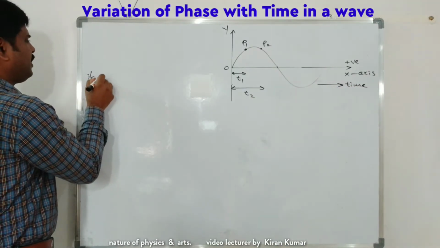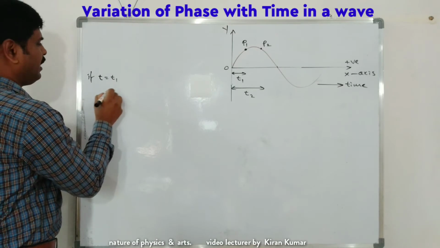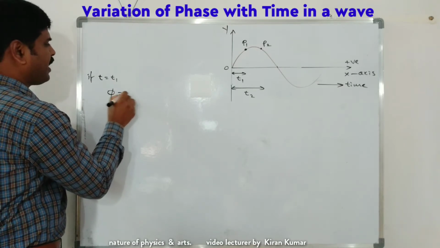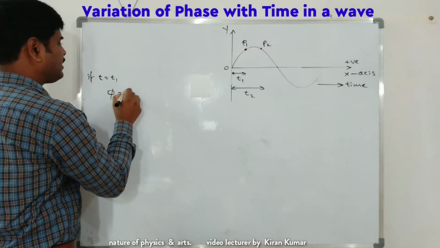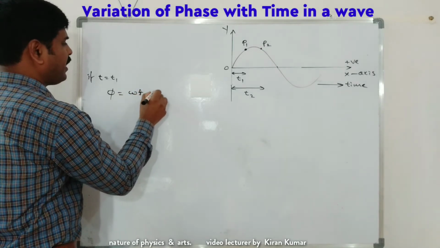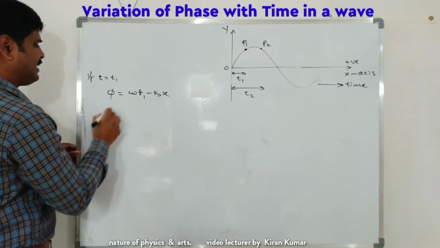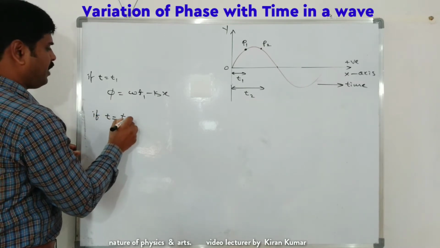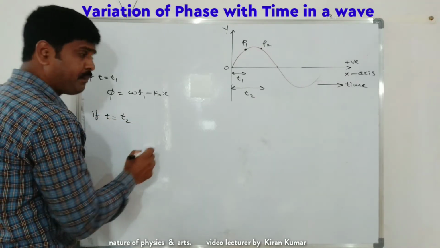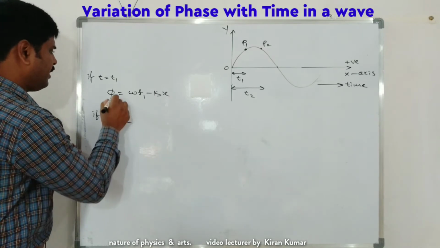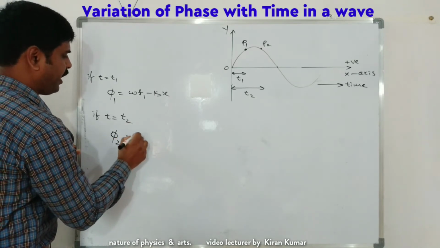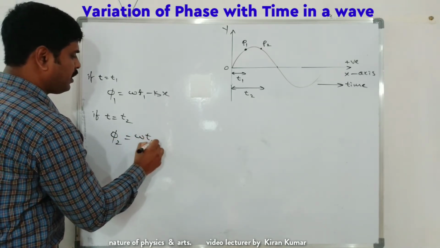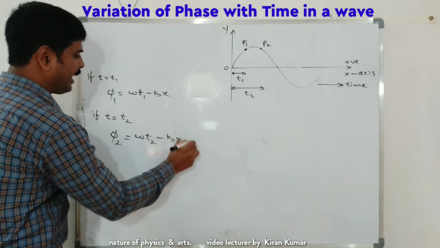If t is equal to T1, at that position the phase we are considering is omega T1 minus kx. And if t is equal to T2, at that time the phase phi 2 is equal to omega T2 minus kx.